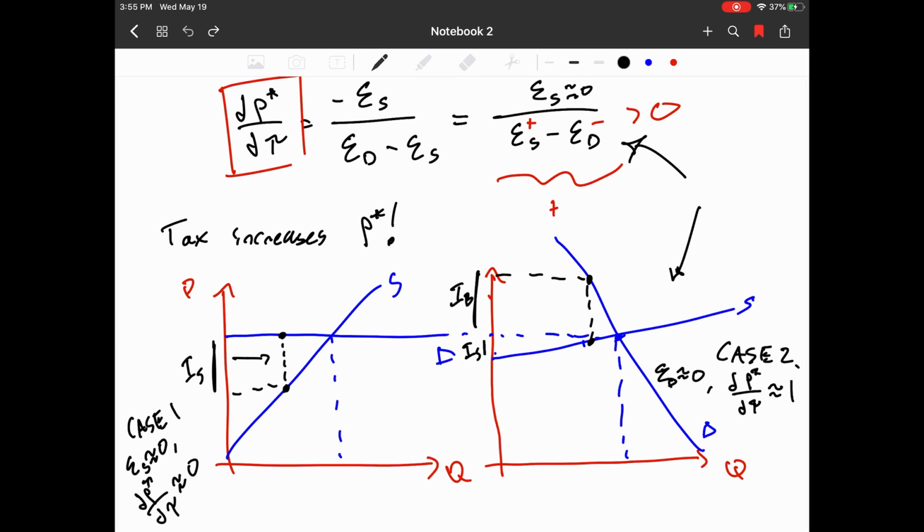Okay, so this I think is pretty cool. Where we've defined the responsiveness of the price in equilibrium with a tax purely based on elasticities, which makes sense with our intuition.